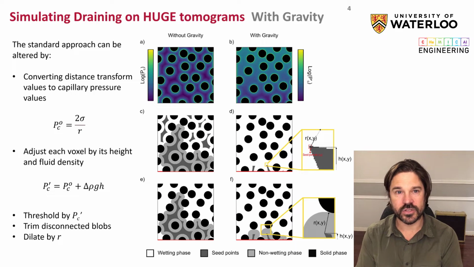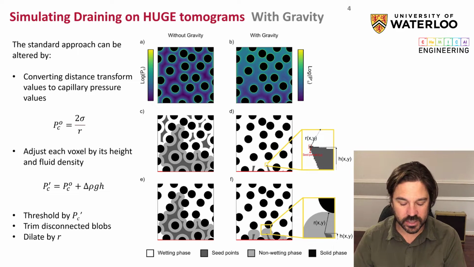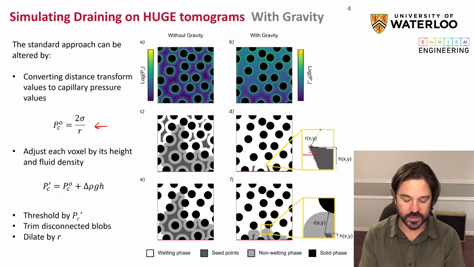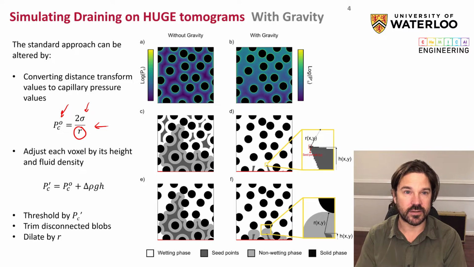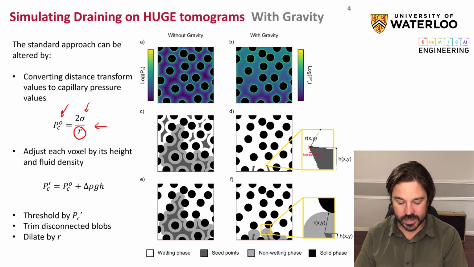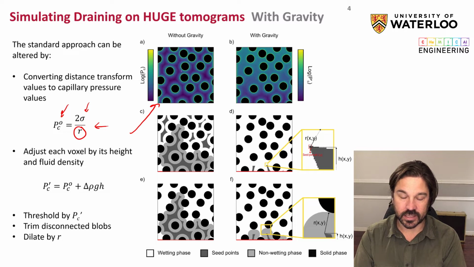Now, the approach that we have developed to incorporate gravity is pretty straightforward. It is as follows. Basically what you do is start by converting the size of the distance transform into a pressure using the Laplace equation, where sigma is the surface tension of the fluid system that you're interested in. And that gives you this image here. You'll notice that the color map is inverted.